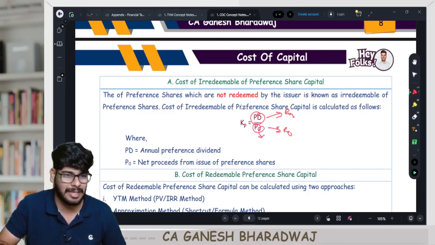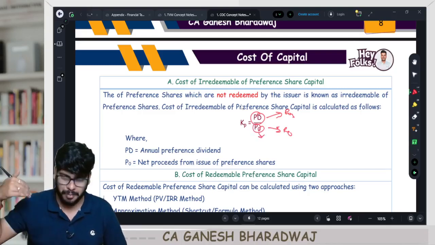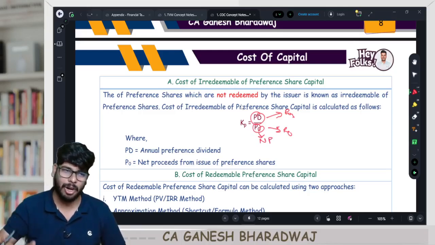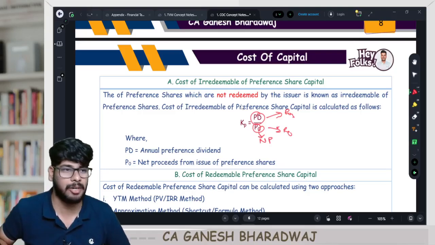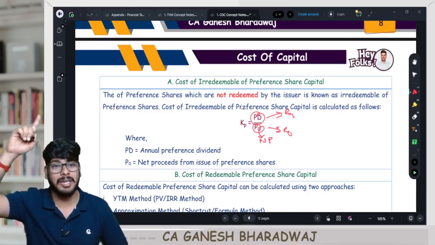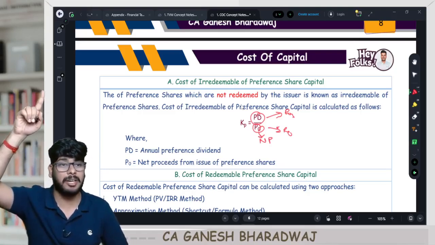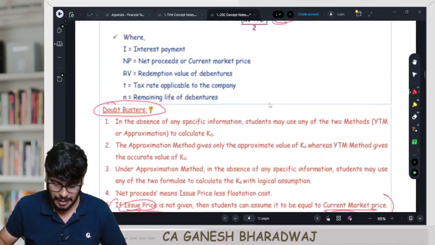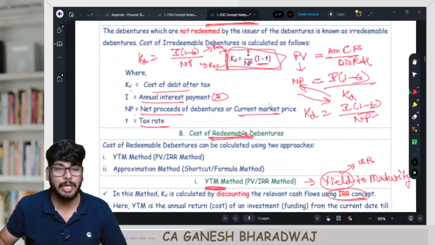This P0 is nothing but the value of the preference shares today, or you can also call it net proceeds. You can use the word NP or you can use it as P0, not a problem at all. Are you clear with this? Similarly, the net proceeds of your debentures is popularly called B0. B0 means the value of bond.